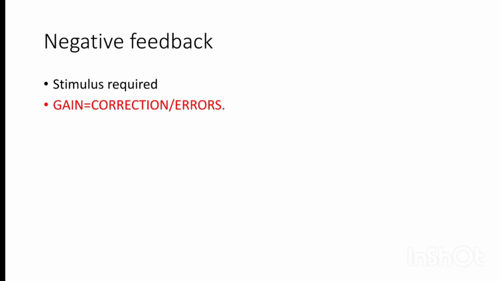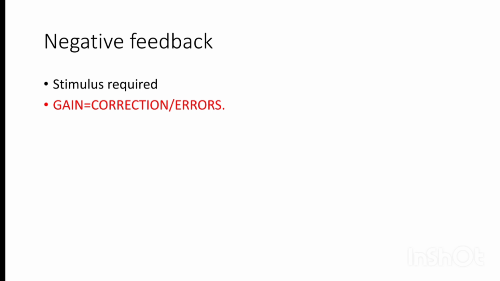So here, what is the error? Error means the deviation of the BP from the initial normal value. So here the error is 150 minus 120, and the correction is 180 minus 150.